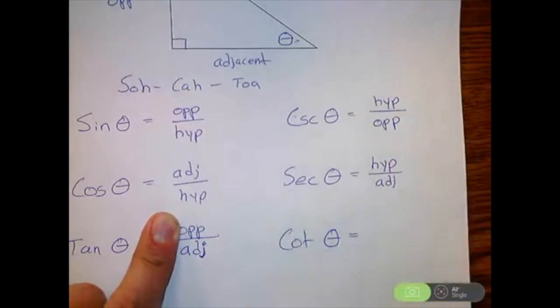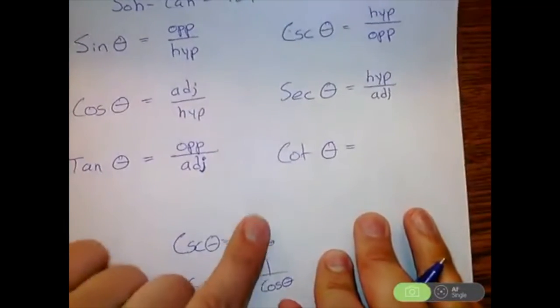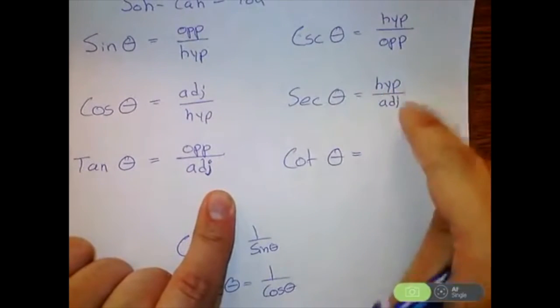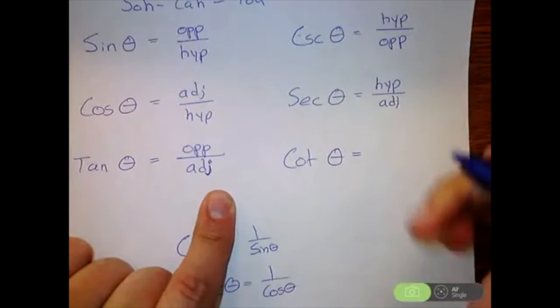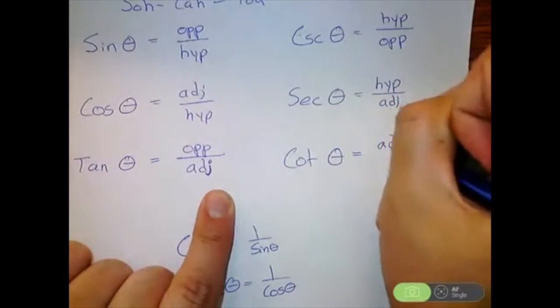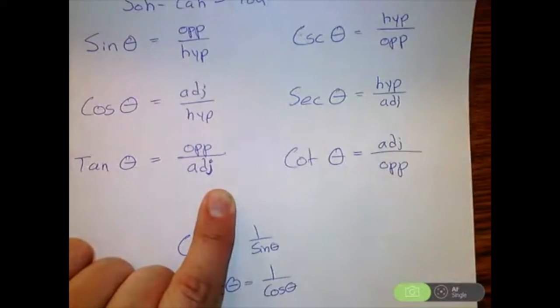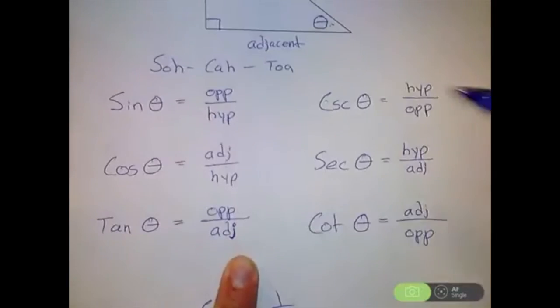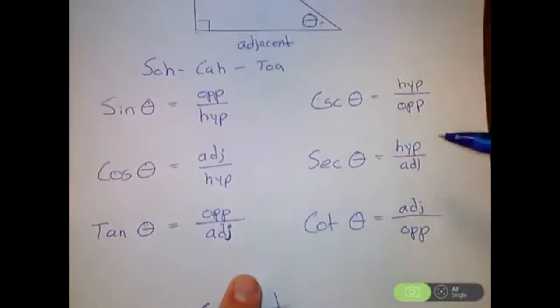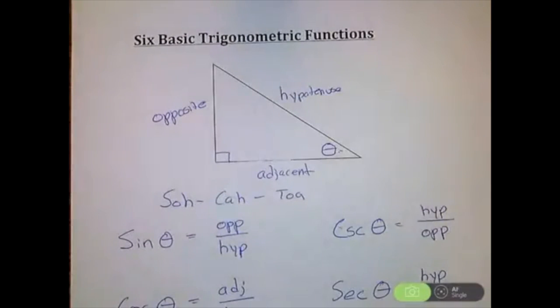And then finally we wrap it up with tangent and cotangent, and you can see this theme of taking a reciprocal or flipping it. We're going to end up with adjacent over the opposite. And those are the 6 trig functions. You're going to want to keep those handy, and in a few future videos, we're going to do some operations with those 6 basic trigonometric functions.